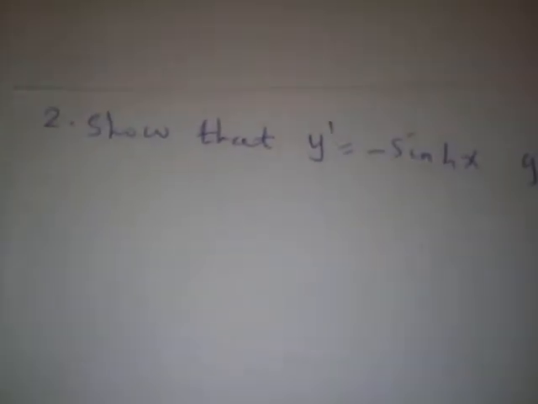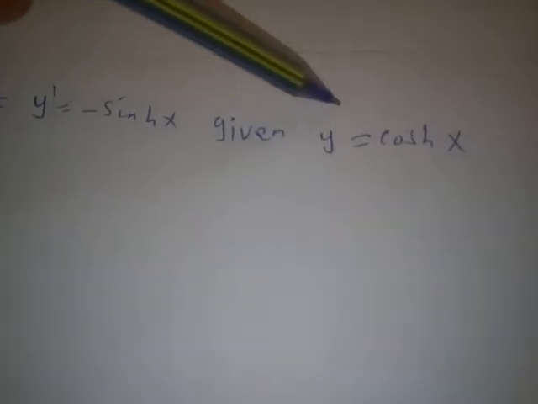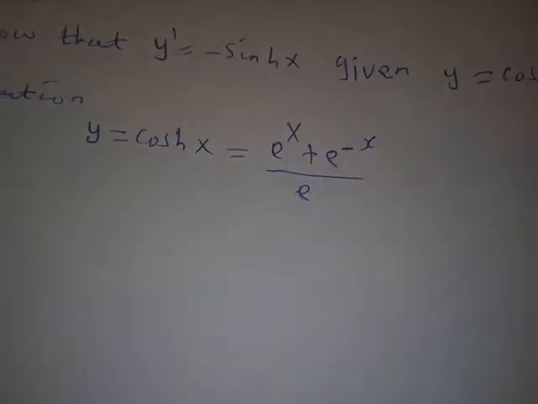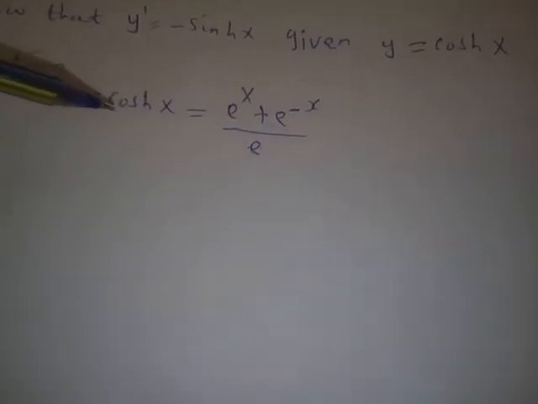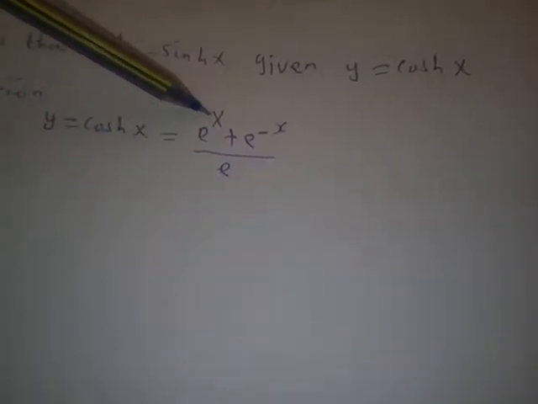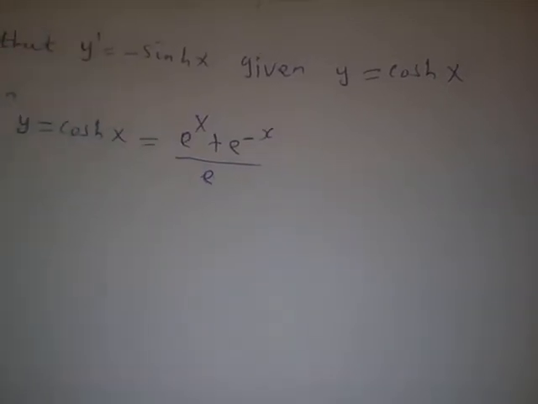Number 2, we want to show that y differentiated is equal to negative of a hyperbolic function of sine x when we are given y is equal to a hyperbolic function of cos x. So we begin by defining the hyperbolic function of cos x, which is given by exponential x plus exponential negative x divided by 2.